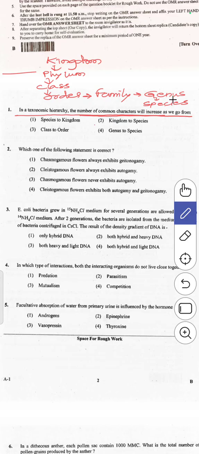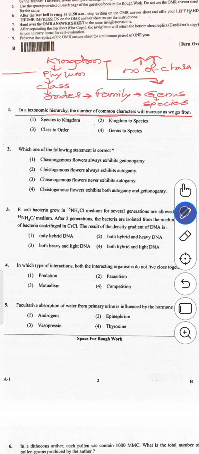So here in this taxonomic hierarchy, kingdom is the largest here. So if we go from kingdom downwards, that is to species, the number of characters goes on increasing. If we go from species to kingdom, the number of characters will start decreasing.